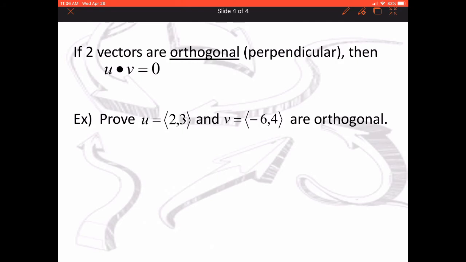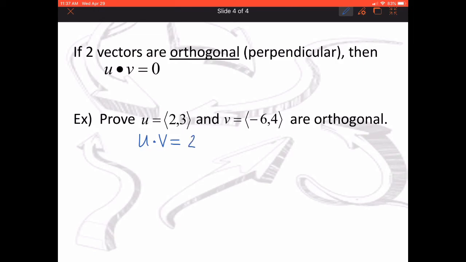Another application of dot product is proving that two vectors are what are called orthogonal. And basically what orthogonal just means is perpendicular. So if we notice the dot product is 0, then we automatically know that they are orthogonal, perpendicular. So let's prove that U and V given here are orthogonal. So to prove it, we just have to show that their dot product gives us 0.